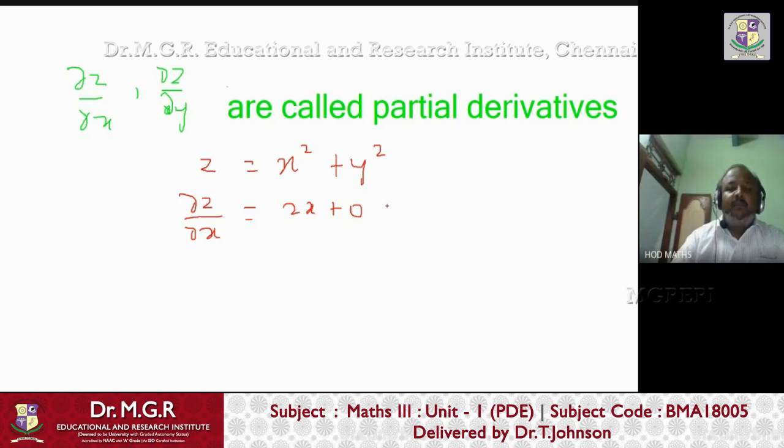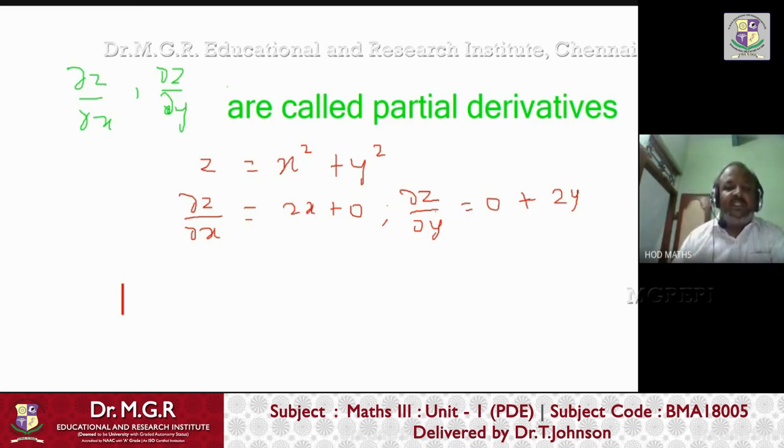Similarly, I can find dou z by dou y. When I find dou z by dou y, I assume x as a constant, so I put 0. Then differentiation of y square is 2y. These are called first order partial derivatives, because here it is only dou z by dou x.